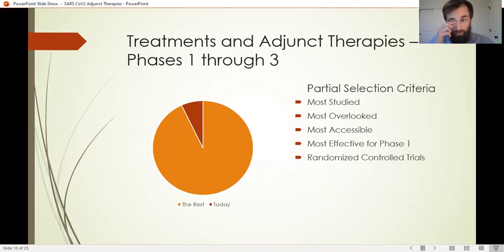So these are most effective for phase 1, and in many cases these would be much less effective, some of them not effective at all, if you're trying to use them in phase 3, because phase 3 is the phase where the immune system has gone awry and is having too large of a response too late.